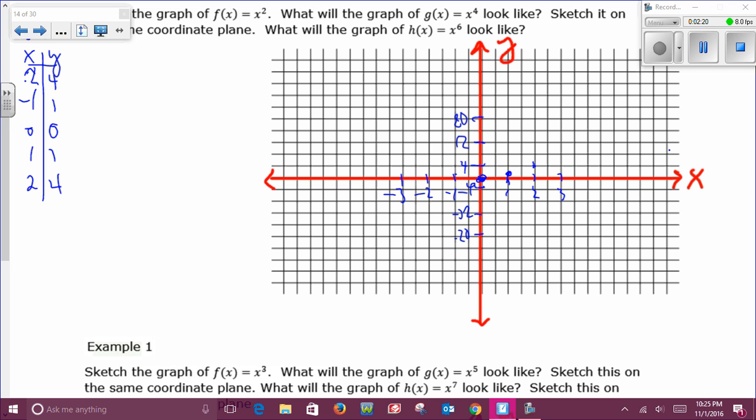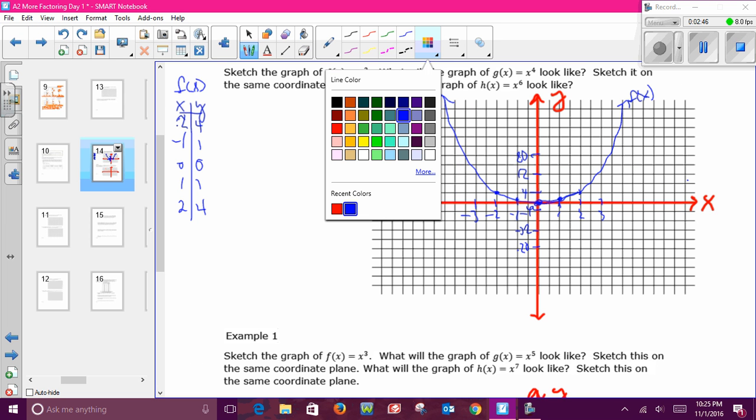Okay, then over here I'm going to have negative 1, 1, and then negative 2, 4. So this is f of x.